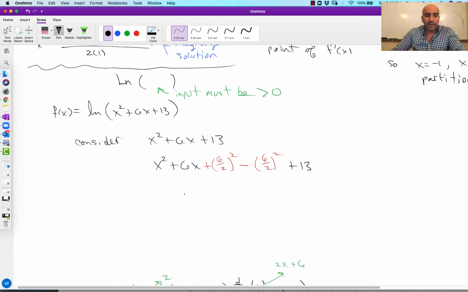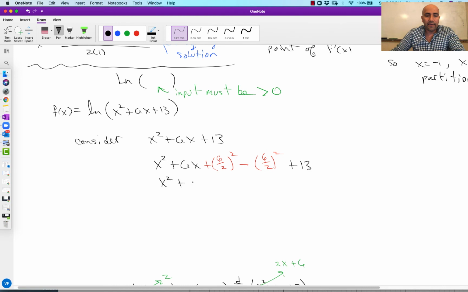Simplifying that a little bit, 3 squared is 9. This becomes plus 9 minus 9 plus 13. These first three terms become a perfect square trinomial, x plus 3 squared, and these two combine to give a plus 4.